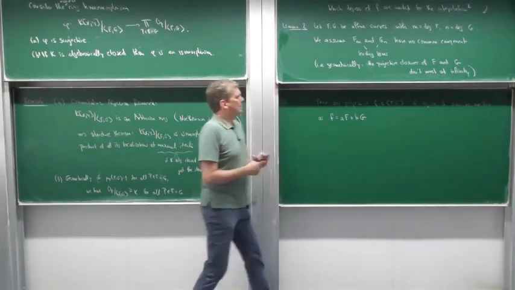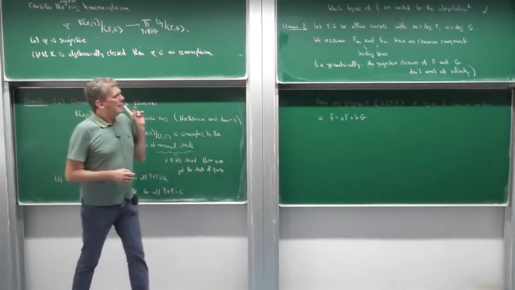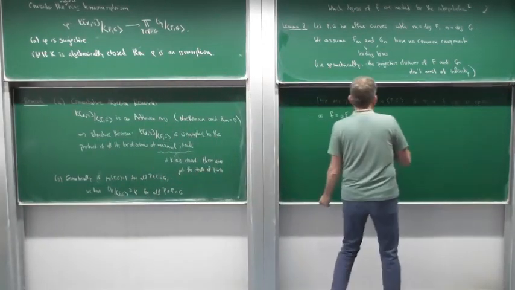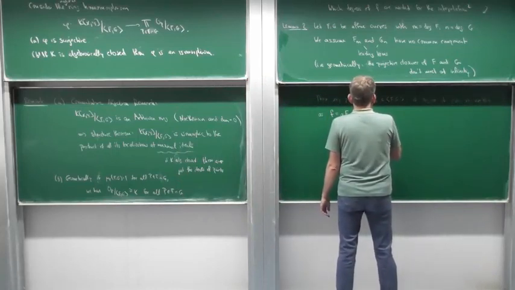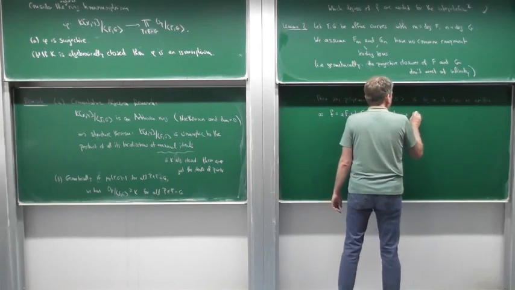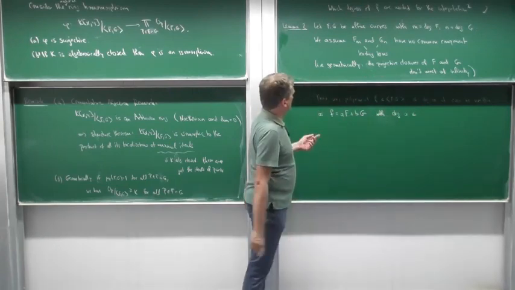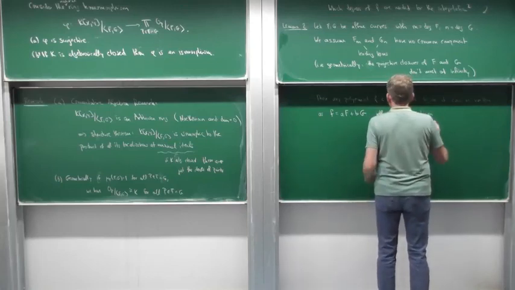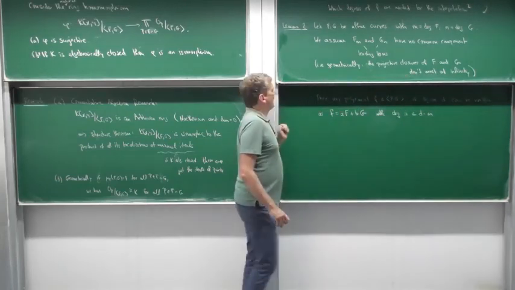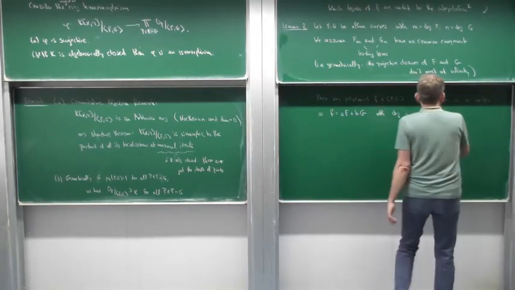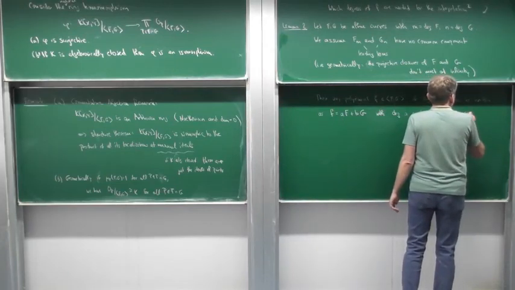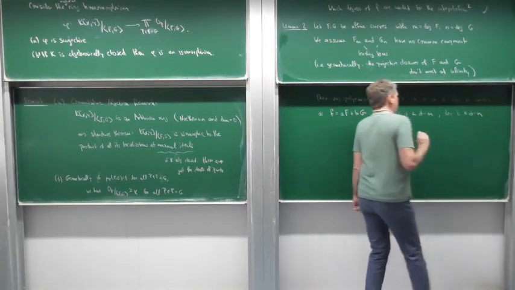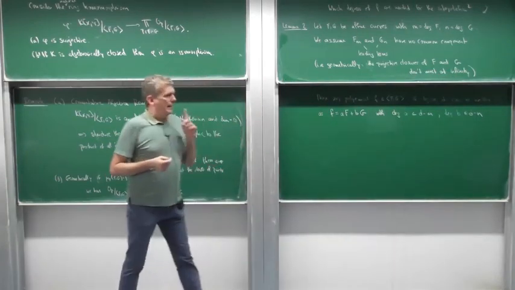That, of course, is always possible; that's the definition of the ideal. But with a degree condition, namely the degree of A is at most what you would expect, the degree d of f minus the degree m of capital F, and correspondingly the degree of B is less than or equal to d minus n.